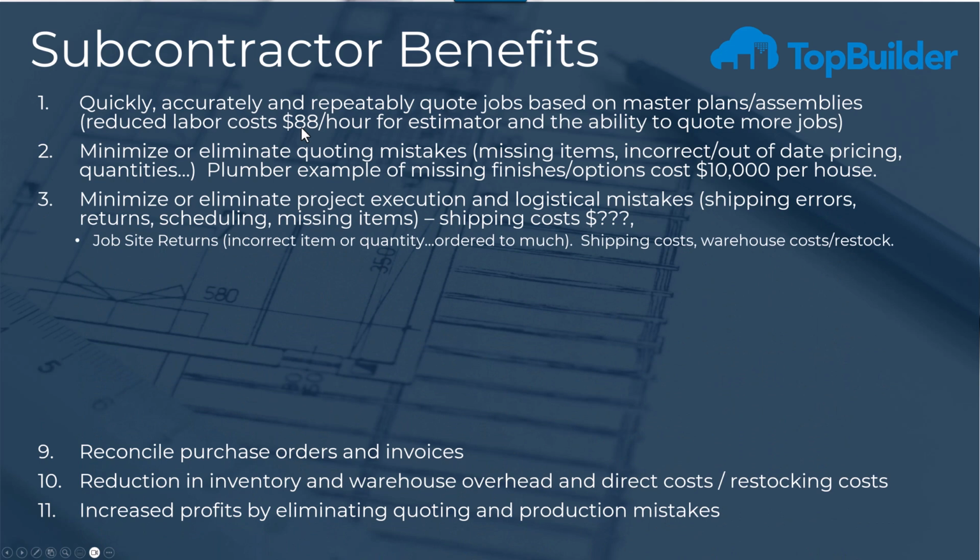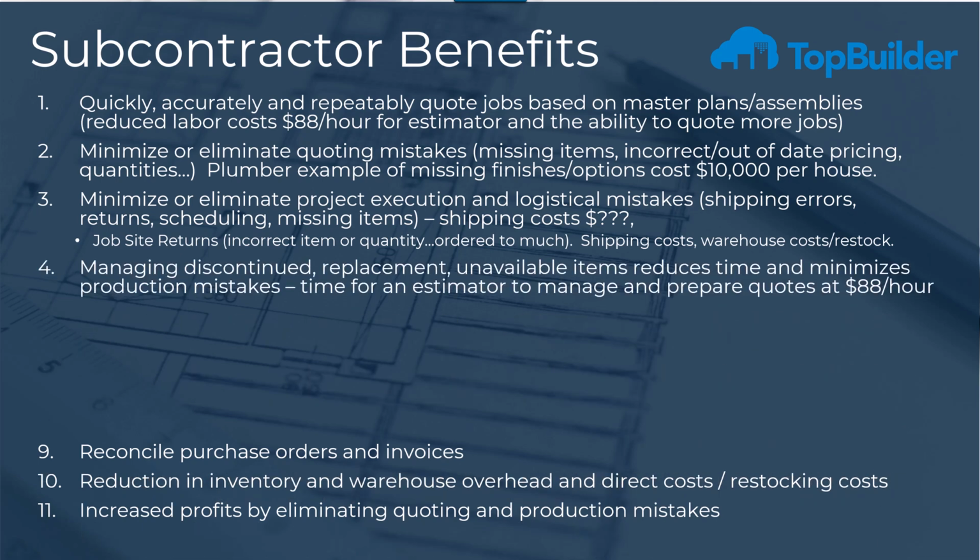We're going to minimize or potentially eliminate mistakes where you're sending items to the job. This will ensure that you have the right items, the right quantities. It's handling discontinued and out of stock items, of course, and hopefully minimize any job site returns, which slows the project down and increases your costs.